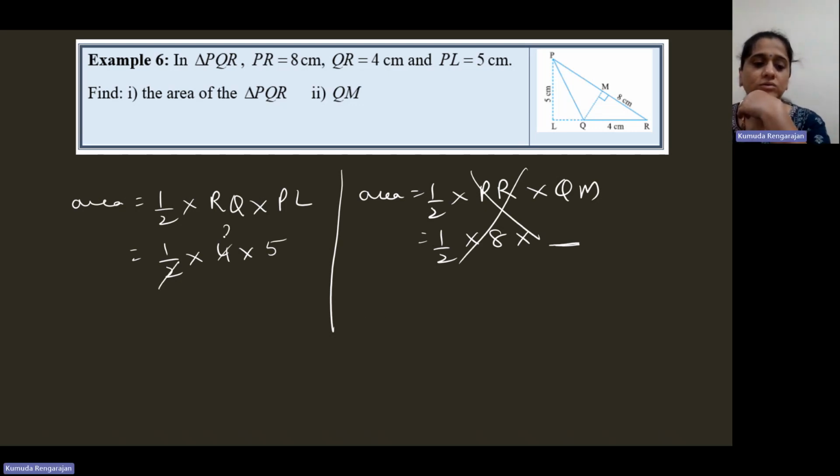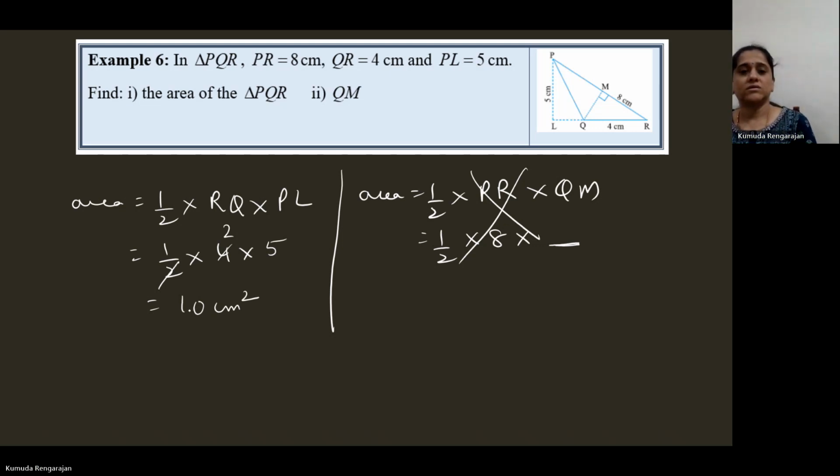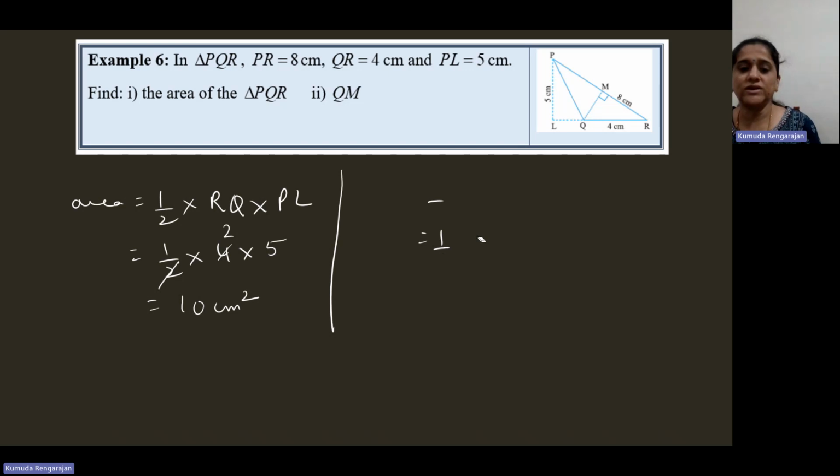So area is equal to 10 centimeters square. Now we'll have to find QM. For that, what you need to do is area is equal to 10 because it's of the same triangle. So the area will be 10. Area for the second sub question, area is equal to 10 centimeters square.